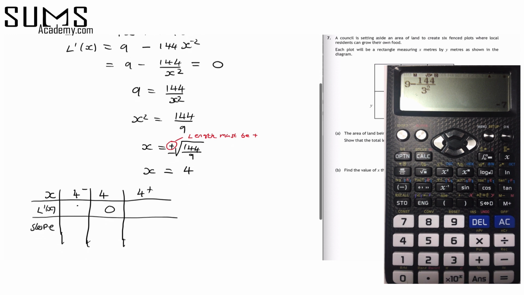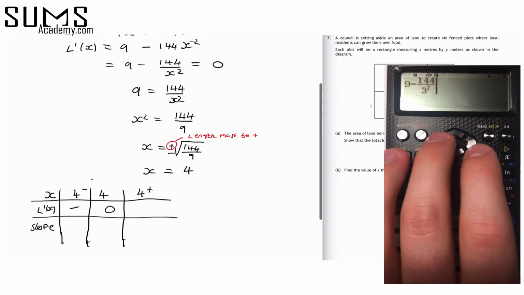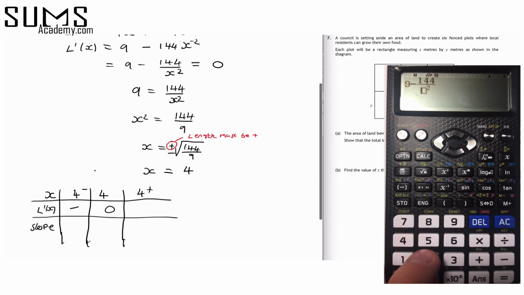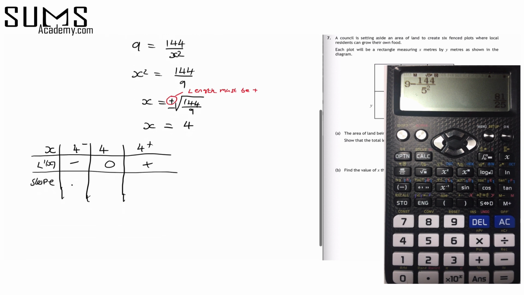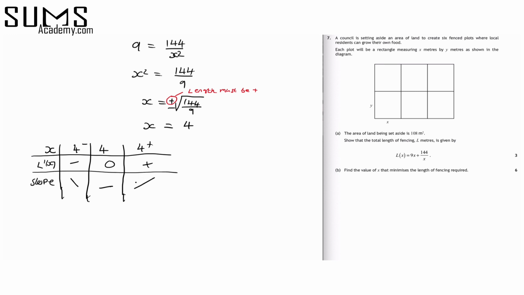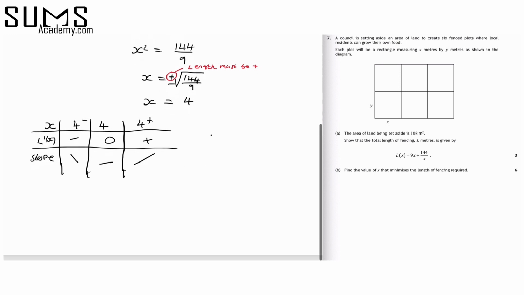Then if we do a number bigger than 4, so 5, we get a positive number. So that means it comes in like this, goes in like that, and that confirms it's a minimum point. So we have a min turning point at x equals 4.